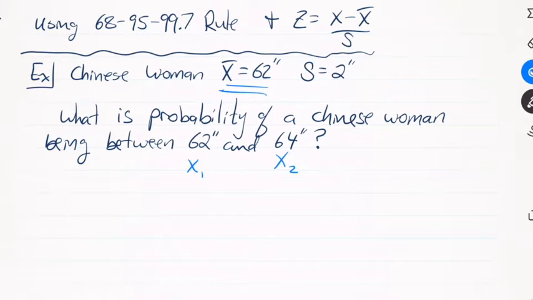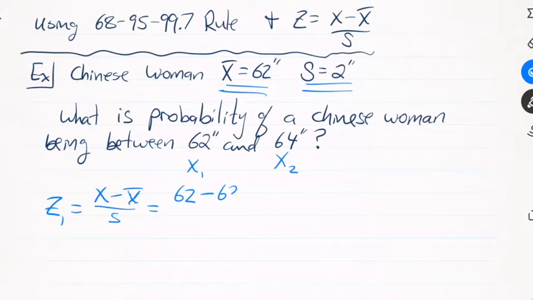This, of course, is my x bar, this, of course, is my s. So I'm going to have a z1, which is equal to x minus x bar over s. And when I put in the numbers, my x is 62, my x bar is 62, and my s is 2, and the answer here is 0. Because 62 is the mean, I would expect an answer of 0.